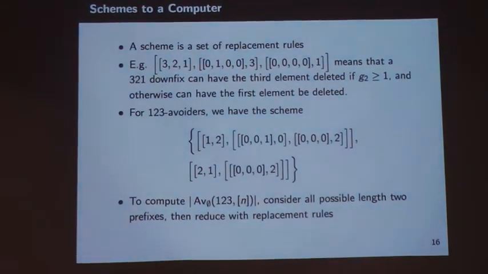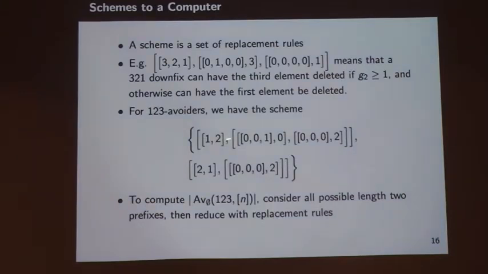The second procedure inputs the scheme and outputs the first however many terms you want of the enumeration sequence. And you can prove that that algorithm runs in order n to the d plus 2 time, where d is the length of the longest prefix in this scheme. So it runs in polynomial time, which is what we want.